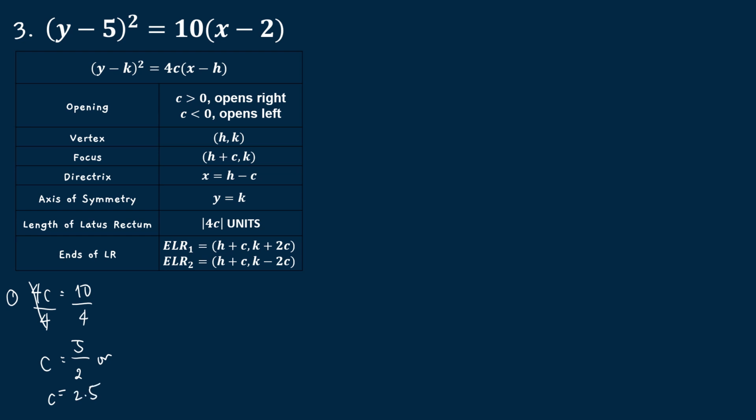So either a fraction again or a decimal, it's your call. Number 2 would be the opening. C is greater than 0. So therefore, it is a parabola that opens rightward, or to the right.